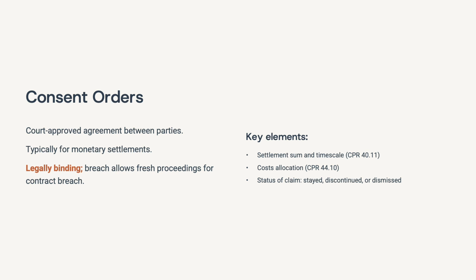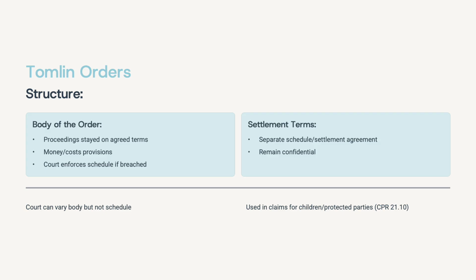Also, the order clarifies the claim status. Is it stayed, discontinued, or dismissed? A stayed claim can be enforced on application without issuing a new claim, whereas dismissal requires starting it over. There is also the Tomlin order that is examined sometimes.